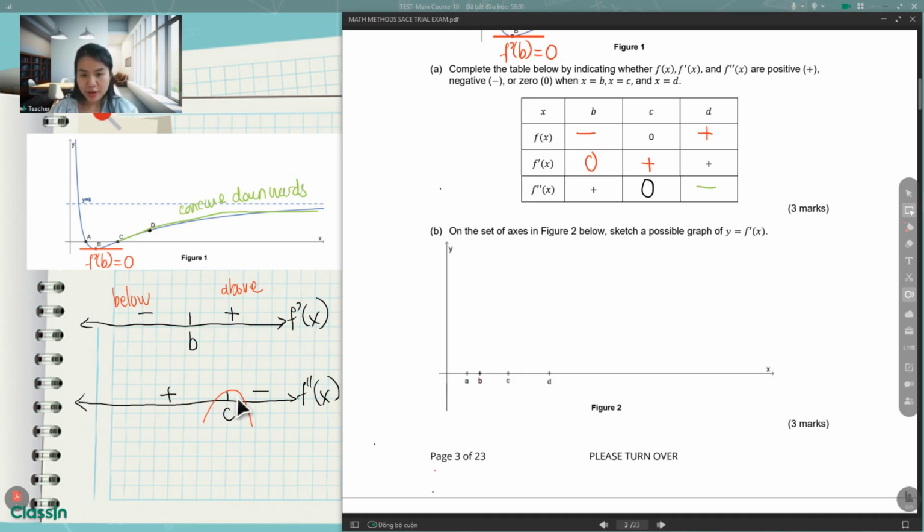At first, the graph y equal to f dash x is below the x-axis, and then it crosses the x-axis at x equal to b, and then it goes above. It reaches a maximum at x equal to c.